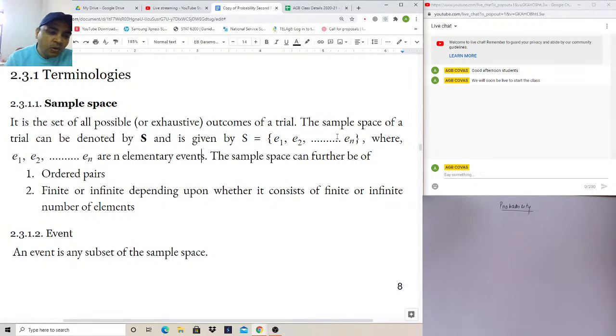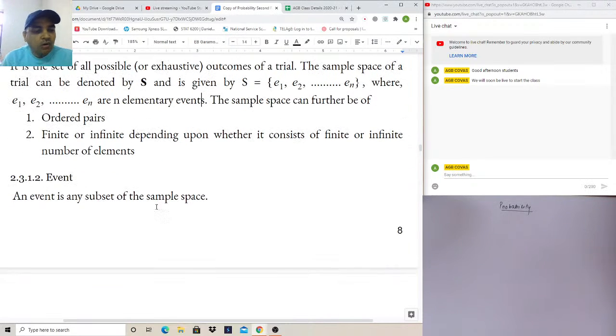That is, no other event is possible after these events have occurred. The sample space can be of ordered pairs, that is, two events can be clubbed together, or it can be finite or infinite depending upon whether it consists of a finite or infinite number of elements.